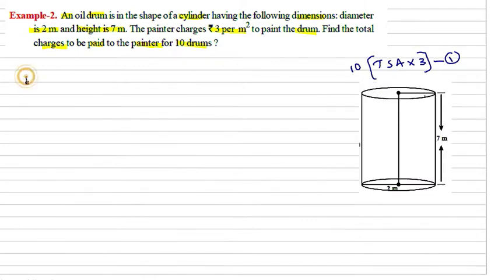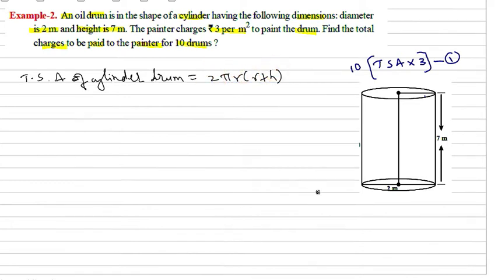So to find the total surface area of a cylinder drum, we are using the formula 2 pi r into r plus h. Here diameter given is 2 meters.